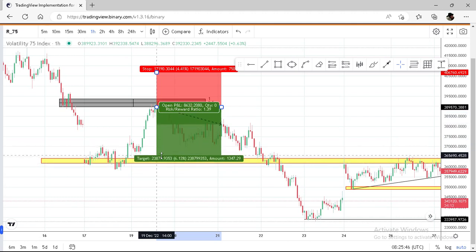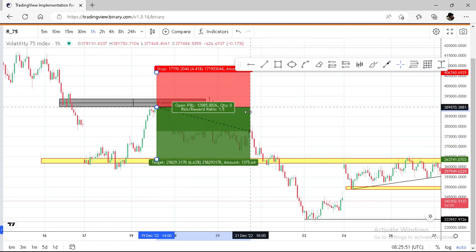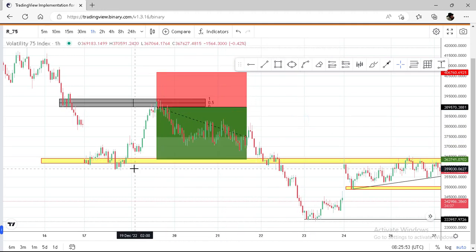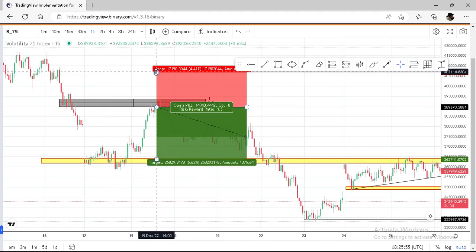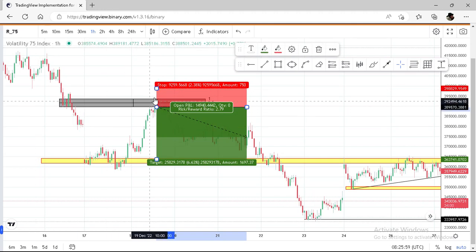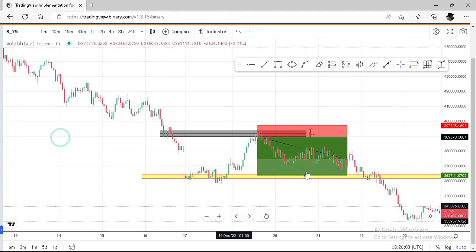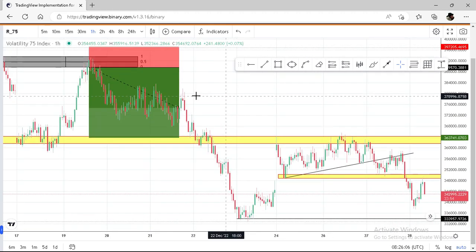So first TP, second TP. Then maybe I place my stop loss here, or maybe even lower than that, maybe there. So this is how the day trader trades.